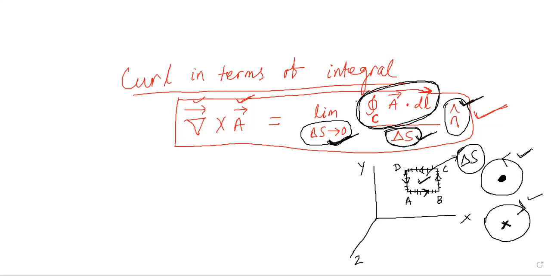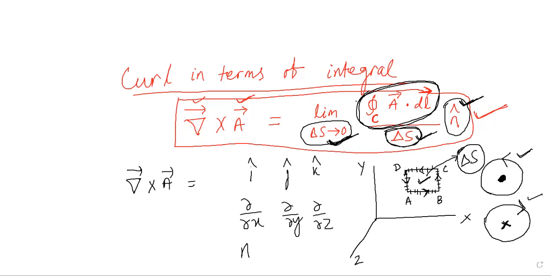So this is how you can represent the curl of a vector field, which we said is del cross A, in an integral form, or in the form of an integration, right? The differential form we have already discussed, and you can refer to my other video where we wrote the i cap, j cap, k cap unit vectors, and then the del operator components del by del x, del by del y, del by del z, and the vector components Ax, Ay, Az put in the determinant, and then we expanded it.